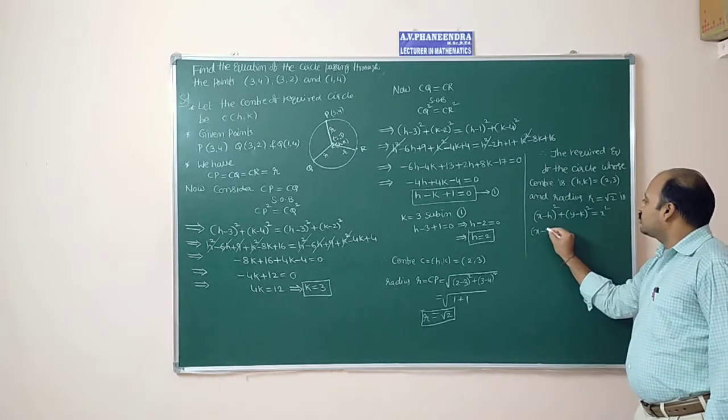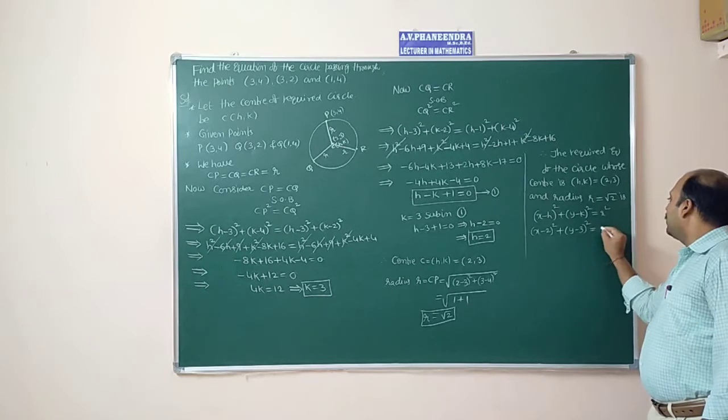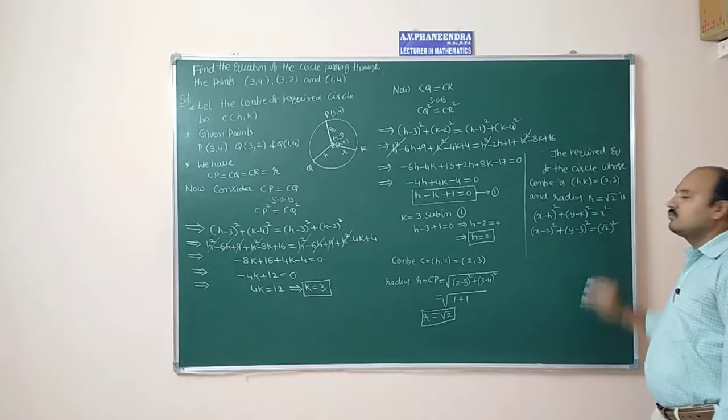So (x minus 2) whole square plus (y minus 3) whole square is equal to root 2 whole square.